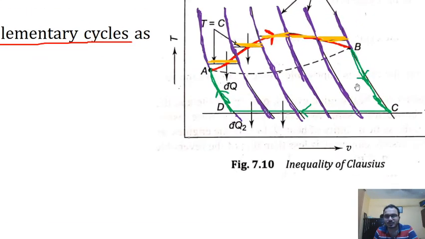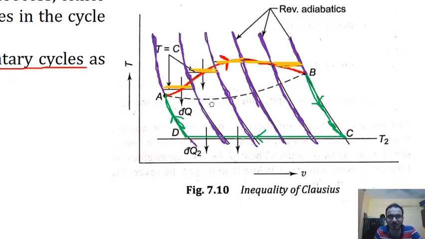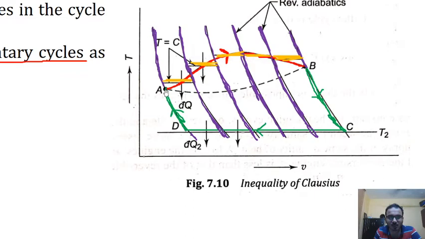So here, if you see carefully, our original cycle was A to B through this red curve, B to C, C to D, and D to A through the remaining three green lines or curves.